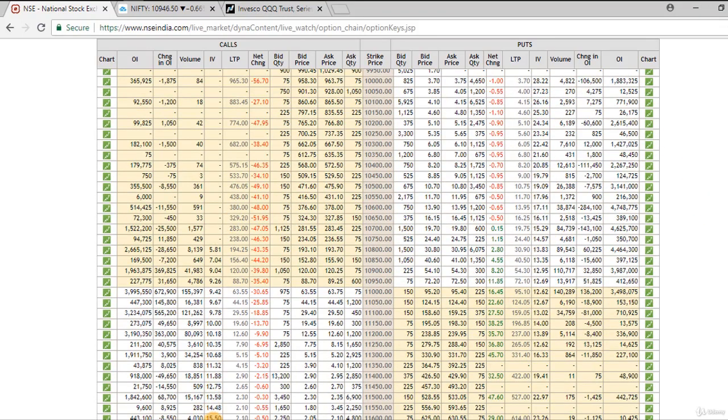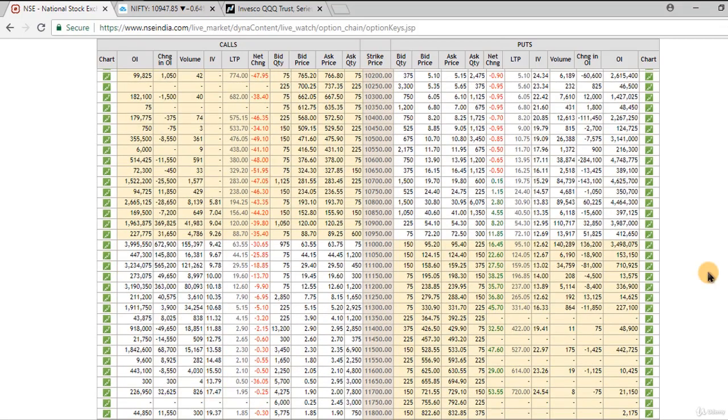When implied volatility increases, it means the premium is also increasing. So we should always sell out of the money options, and we should not sell in the money and at the money option strikes, because the implied volatility for those options is very low.